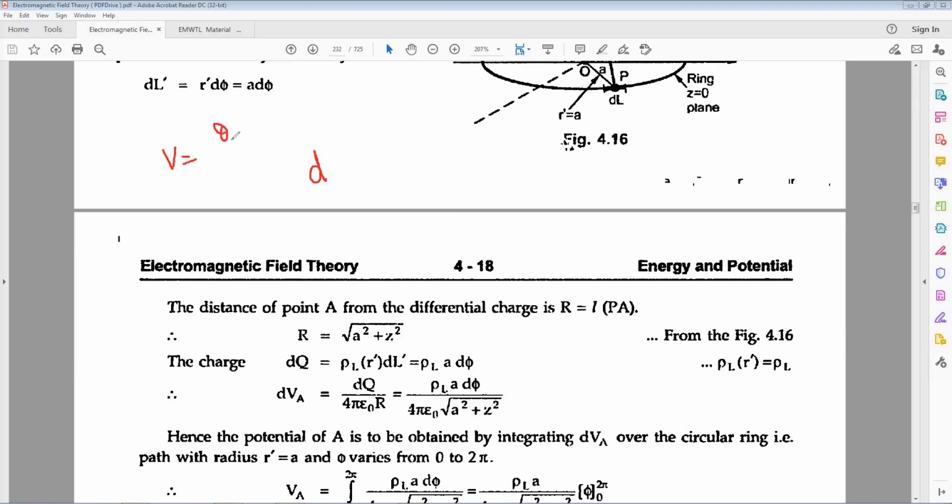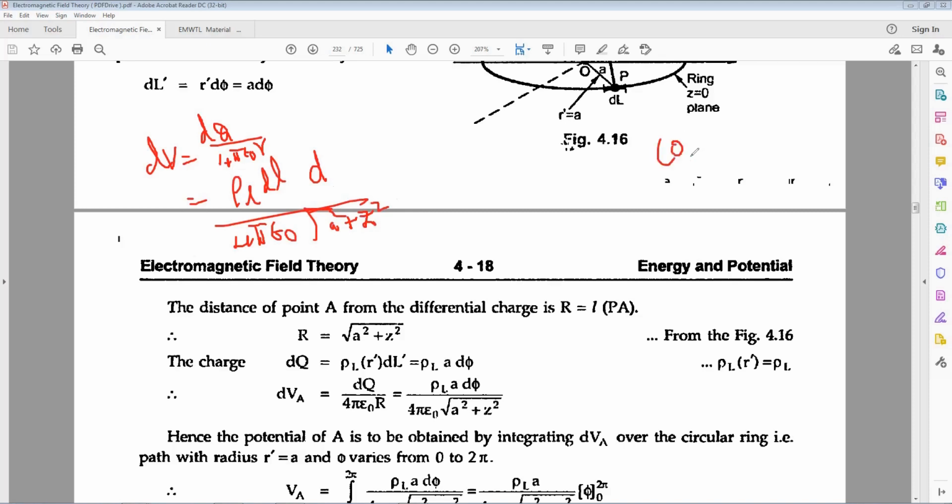V is equal to the point charge q by 4 pi epsilon naught r. And for the differential voltage, you take the differential charge. That differential charge in terms of the line, rho L into dl, by 4 pi epsilon naught, and r we got as the square root of a square plus z square.